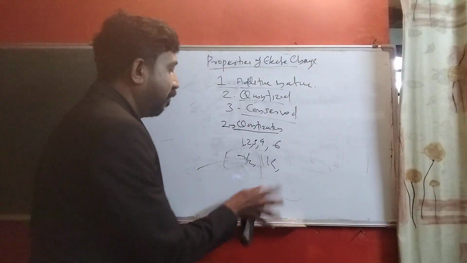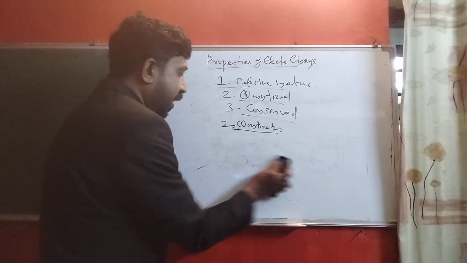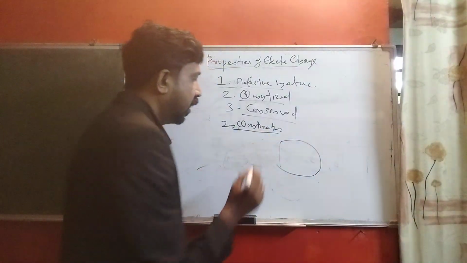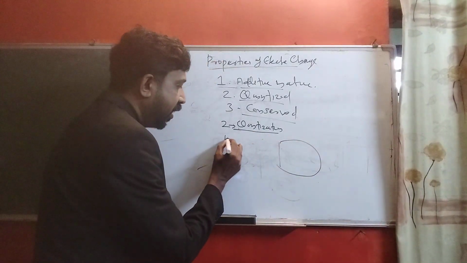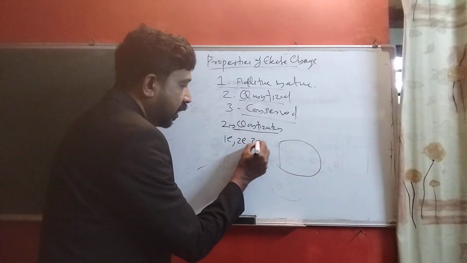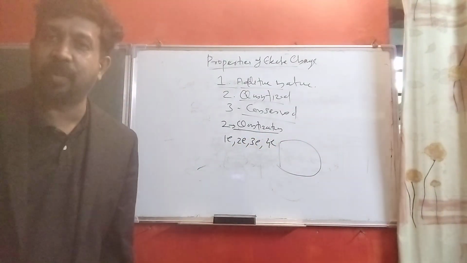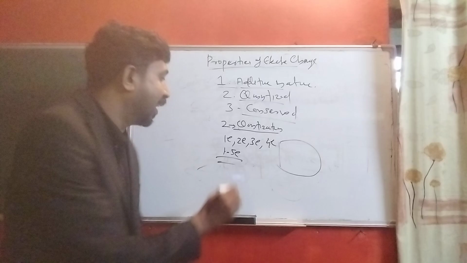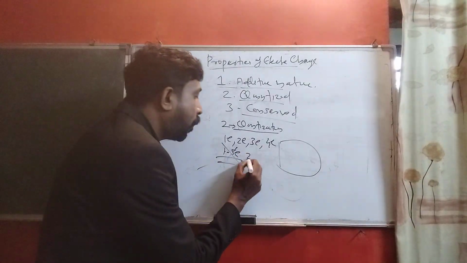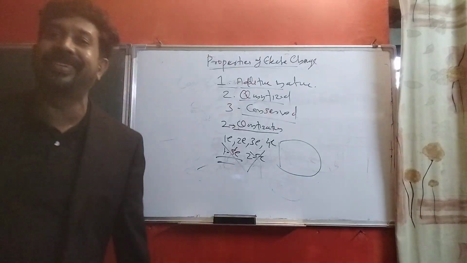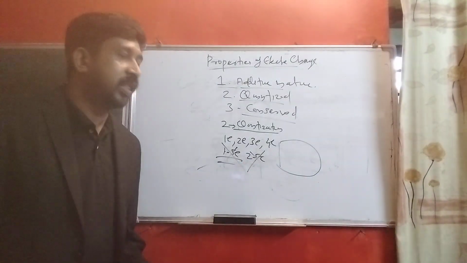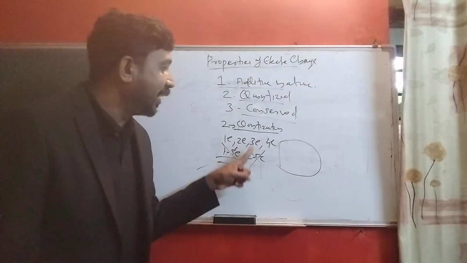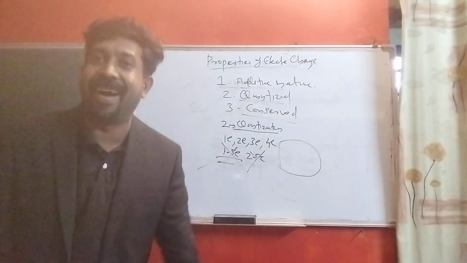In a similar way, the total charge of a body is 1e, 2e, 3e, 4e, etc. 1.5e charge does not exist. 2.5e charge does not exist. It's not possible. The charge is only 1 electronic charge, 2e, 3e, 4e, etc.